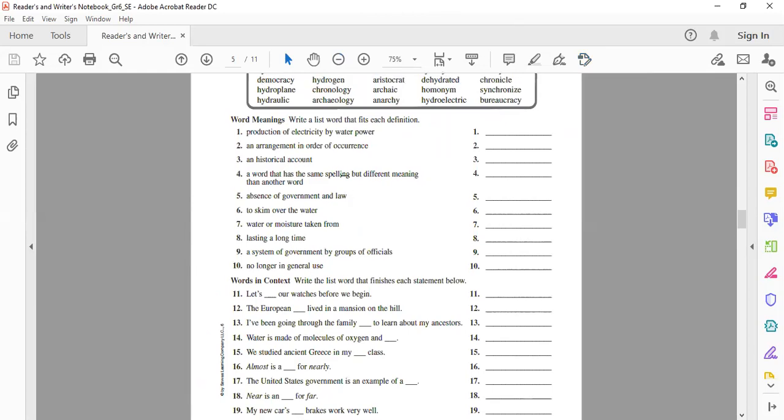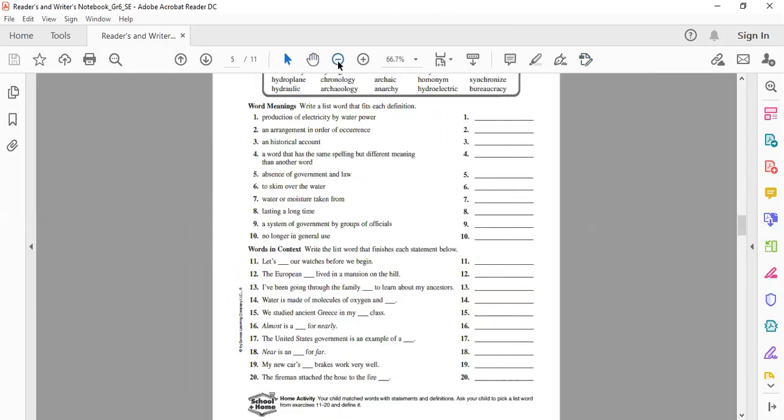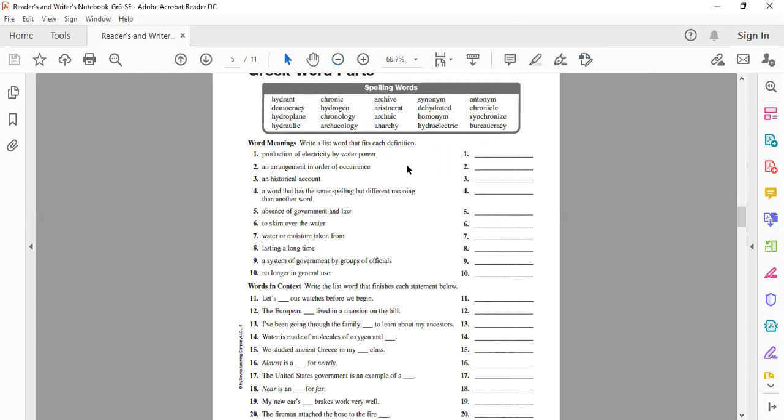Write a word from the list that fits each definition. Production of electricity by water power. So we are producing electricity by the water. Which word describes that?